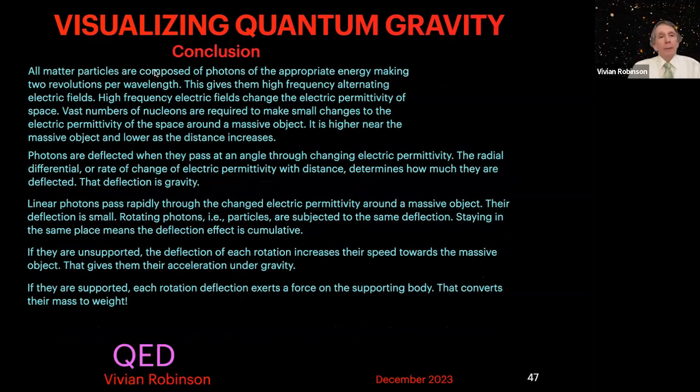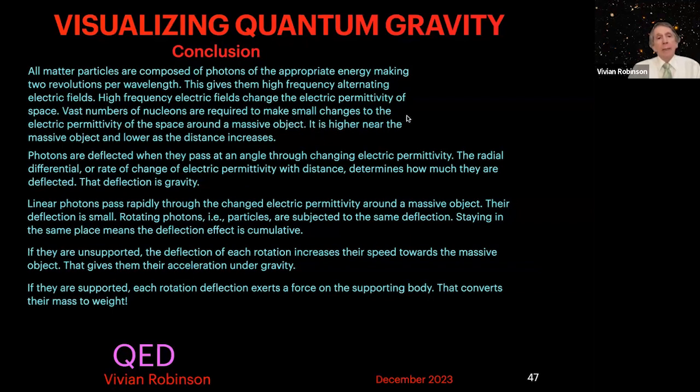All matter particles are composed of photons of the appropriate energy, making 2 revolutions per wavelength. This gives them high-frequency alternating electric fields. High-frequency electric fields change the electric permittivity of space. Vast numbers of nucleons are required to make small changes to the electric permittivity of space around a massive object.